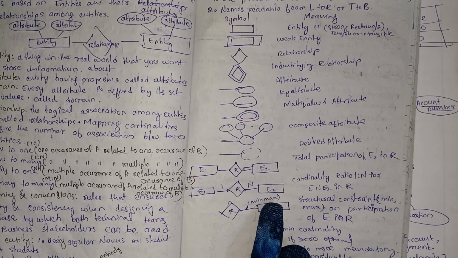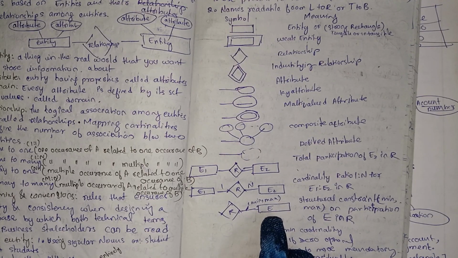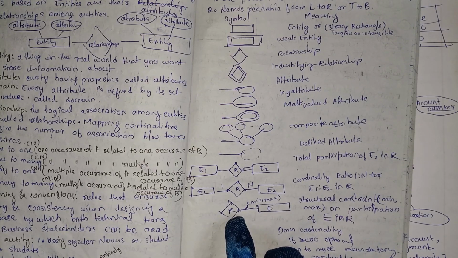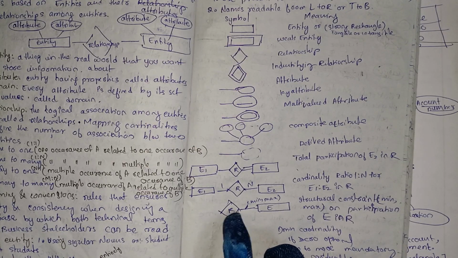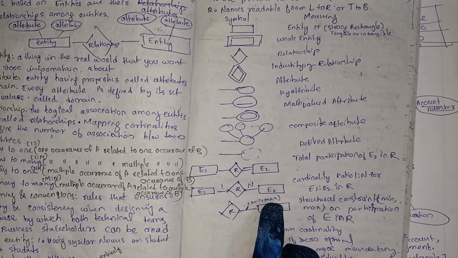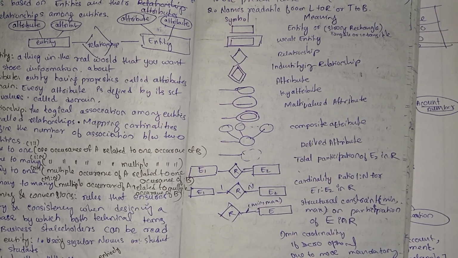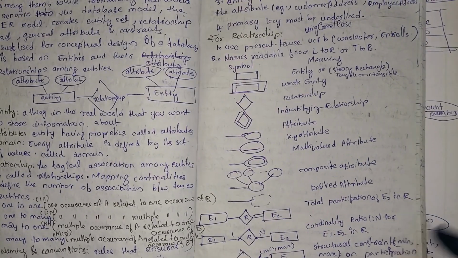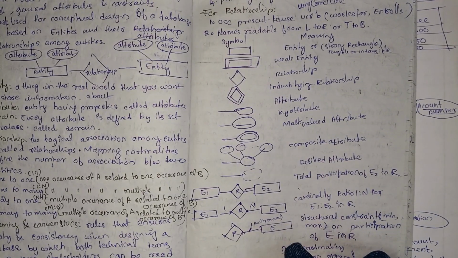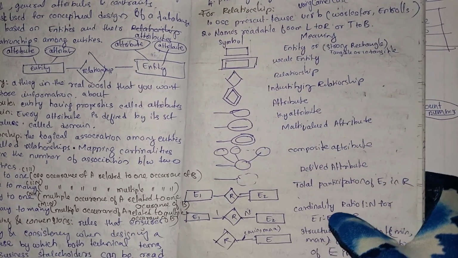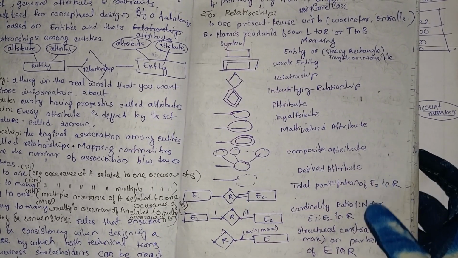If the maximum number of values are participating in the relationship, then we will consider that as the maximum value. I have already explained this in the ER relational model video. If you want detailed information, you can go through that.